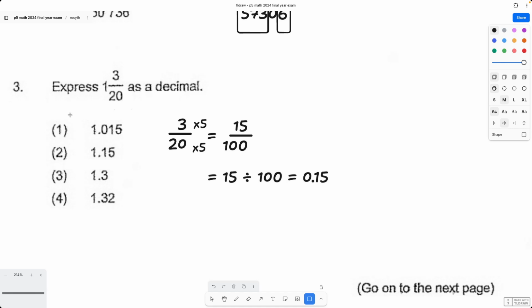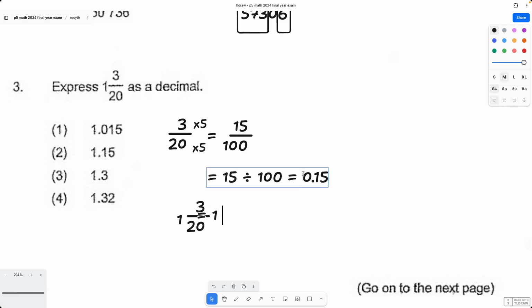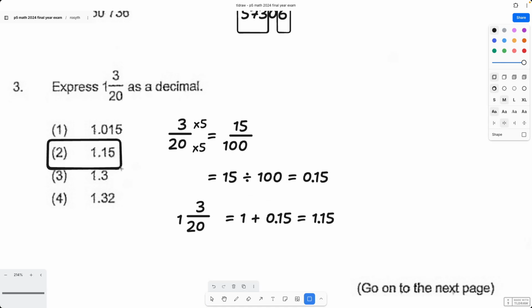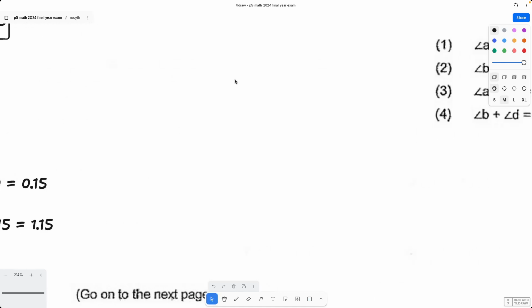So 3 out of 20 is equal to 1 plus 0.15, and this will become 1.15. There you go. So the answer to this is option number 2. Okay, let's move on to the next question.